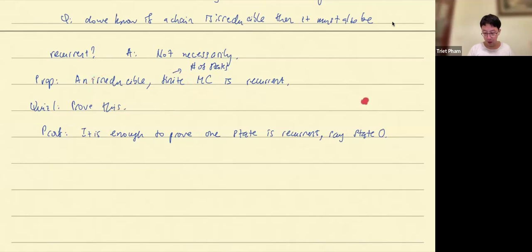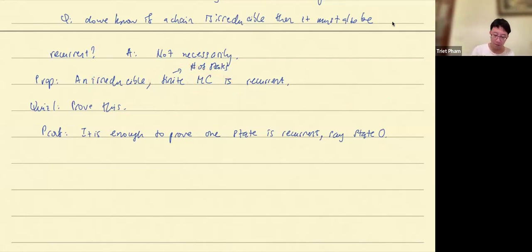Well, as we mentioned, f of 0, the probability that you will return to 0 starting at 0, is a hard thing to compute. So let's look at the number of visits to state 0 starting at 0. And we need to utilize the finite property somehow.